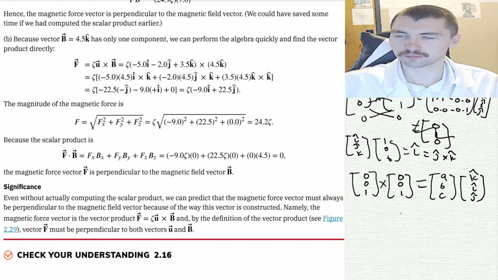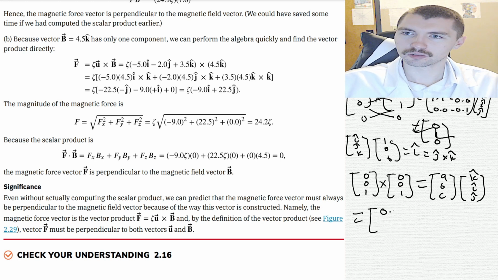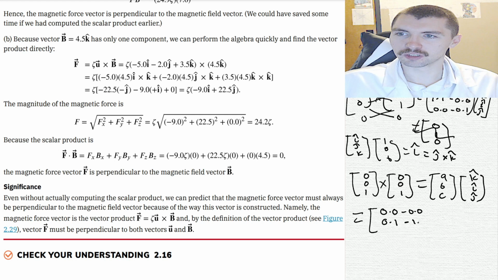So 0 times 0 minus 0 times 0, 0 times 1 minus 1 times 0.